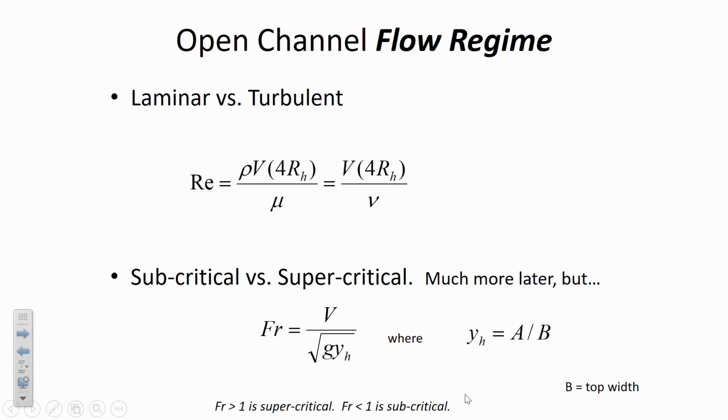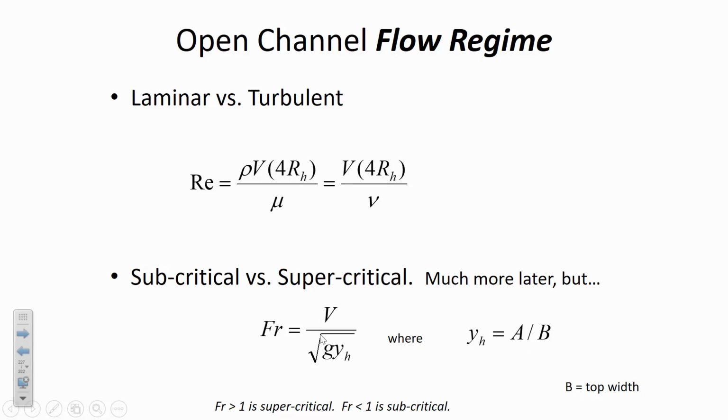So on that homework assignment where it asks you to classify the flow regime, what I'm asking you to do is calculate the Froude number. And so you'll need to know the velocity of the flow, and then in the denominator, g is just the gravitational constant, but then this y sub h is a parameter that includes the cross-sectional area of the channel and the top width.